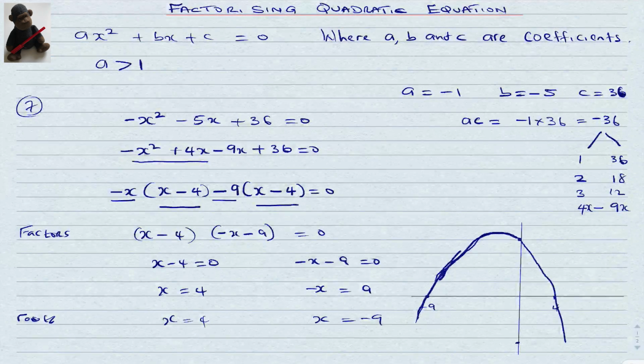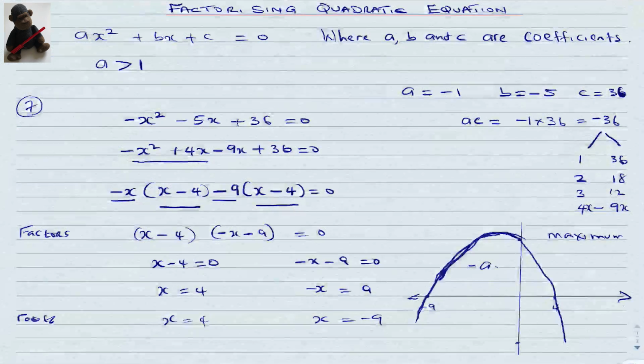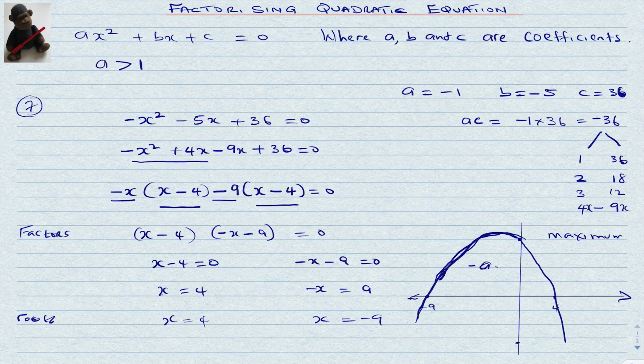That's the sketch. The drawing is not perfect right now. And that's it. This is a maximum, by the way, because it's on the top of the hill, and a is negative, that's why the curve is upside down, what we call a sad face.